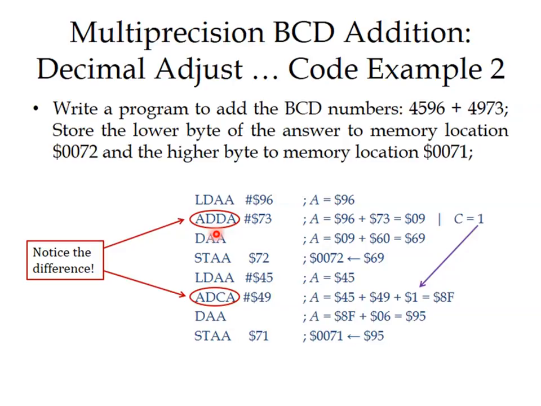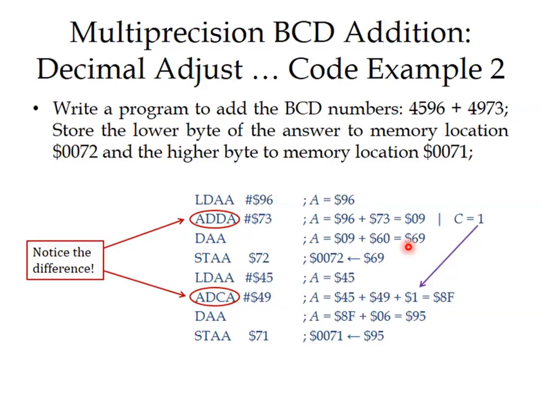When you add 96 plus 73, your sum was 09, but you had a carry of 1. When you did the decimal adjust, it fixed your sum, making it 69. But 69 is not the right sum. If you add 96 and 73, your answer should be 169.